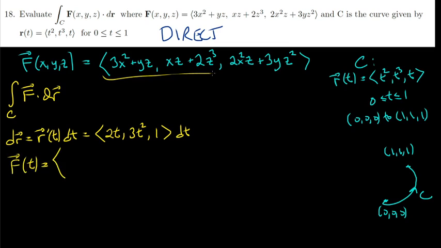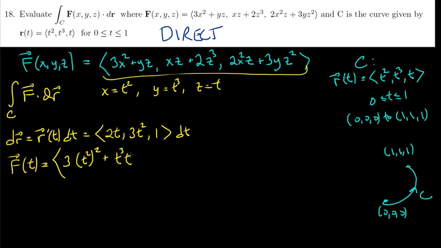And again, this is a really long thing here, but all I'm doing now is substituting wherever I see an x, t squared. Wherever I see a y, it's t cubed. And wherever I see a z, it's just t. Okay, so 3x squared is 3t squared squared plus yz, so t cubed times t. That's the first component.